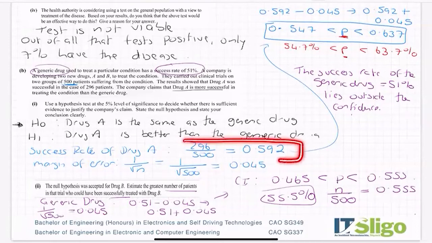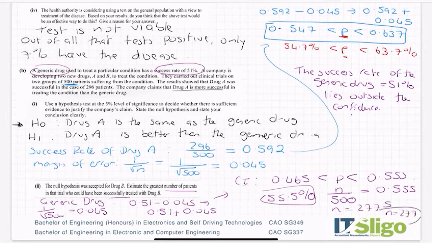What I'm trying to figure out is what was this number. So what was the greatest number in the trial who could have been successfully treated to give me 0.555? So multiply them together, and I'm getting 277.5. You can't have half a person, so 277.